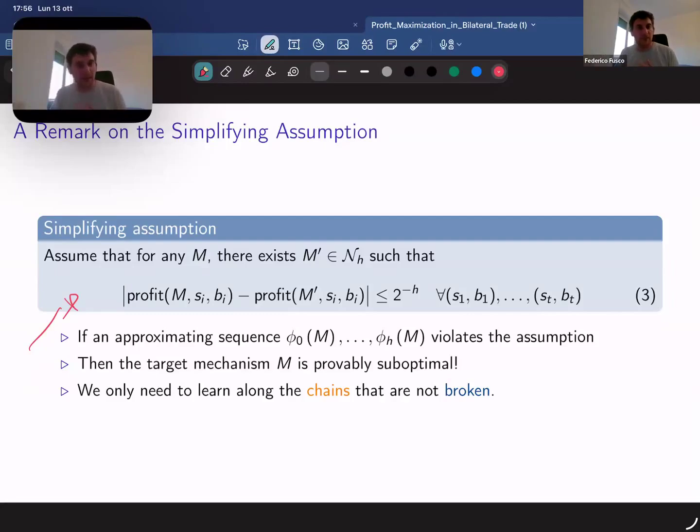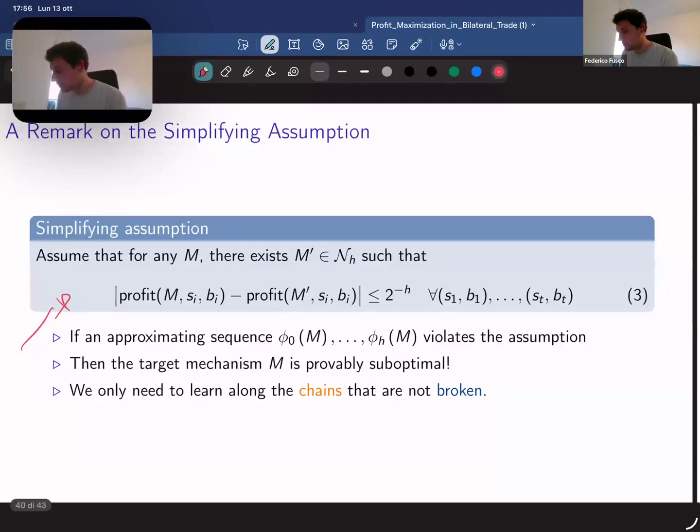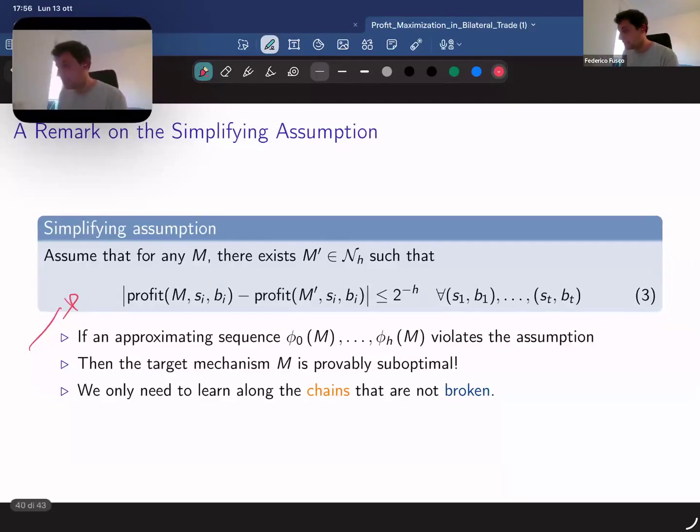I just say that with 1 over epsilon square samples I can find a mechanism that is an epsilon approximation. So this is weaker, but this is exactly what we need. Awesome. So this is the high level technical contributions of the paper, that technical outline. I will be more than happy to discuss it further.